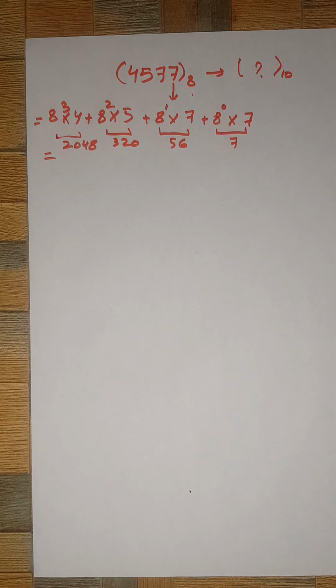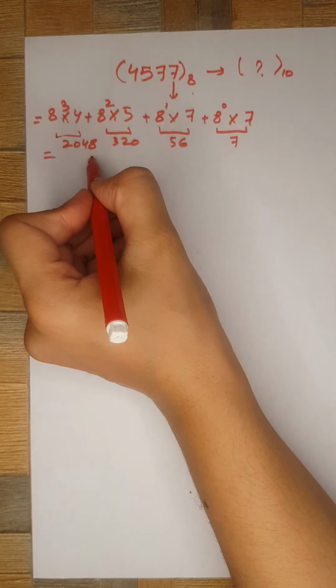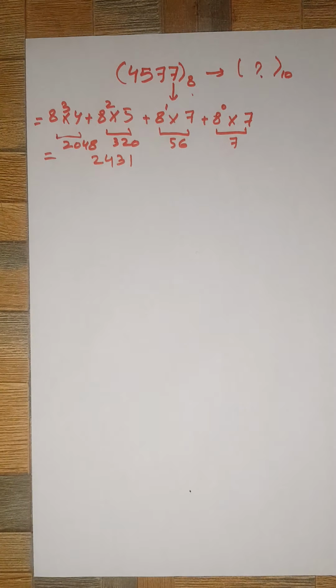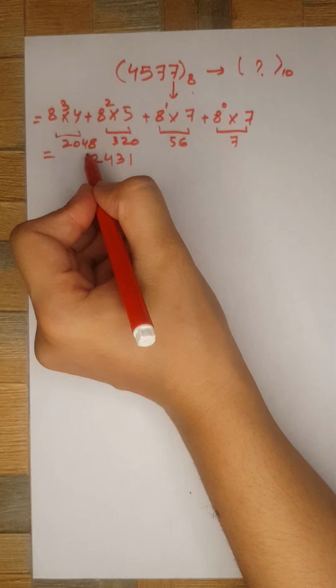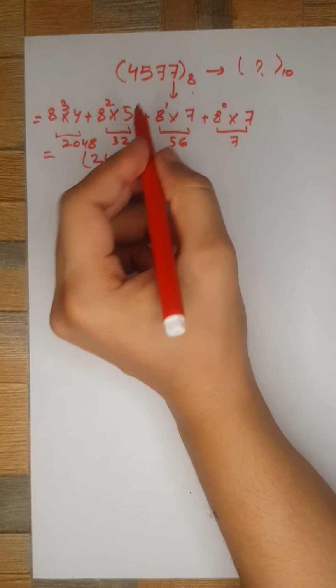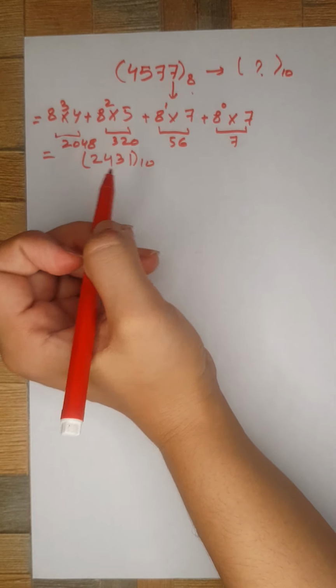Fine, and finally you will just add them up. So 320 plus 56 plus 7. Fine, this is equal to 2431. So this is actually the decimal representation of 4577.